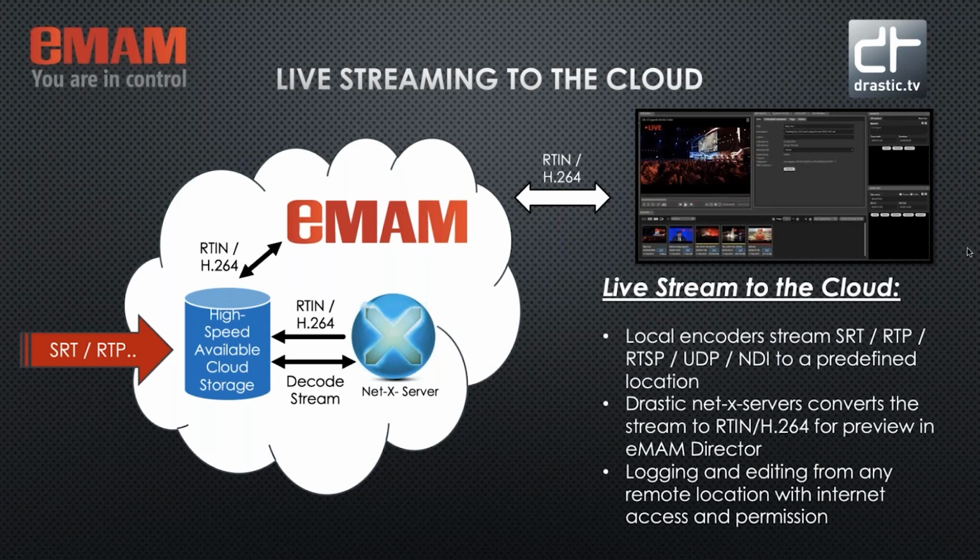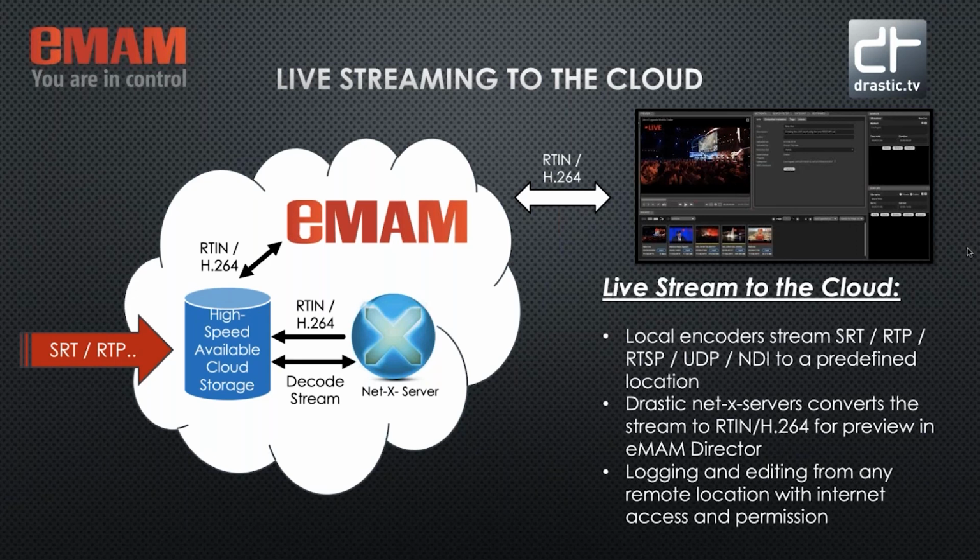So any logging that somebody does remotely then would produce off that master clip that NetXcode is producing for us as well. So the R10 and the H.264 files that are being previewed, those are only for preview and proxy, but the NetXcode server is also producing then some kind of mid-level codec for us.